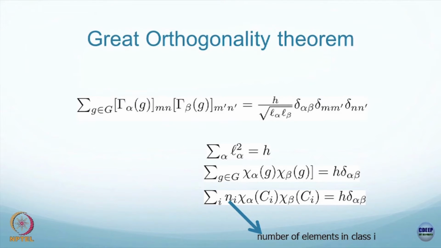And from this you can start playing around taking the trace. So, we defined the character chi alpha of G as the trace of gamma alpha of G. This is the notation we have.